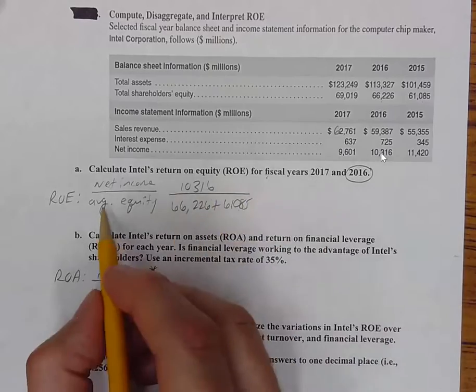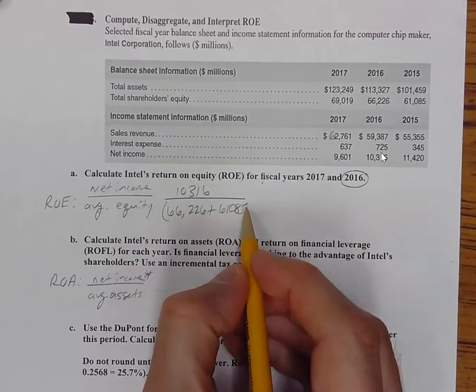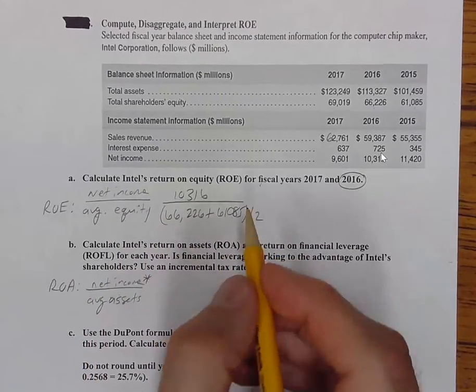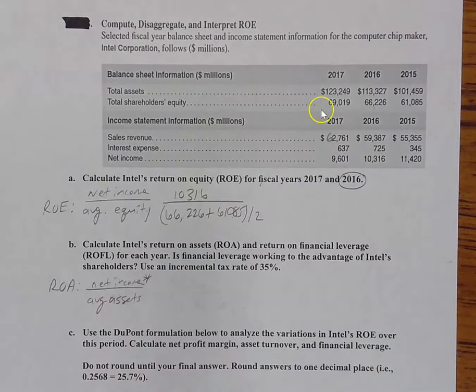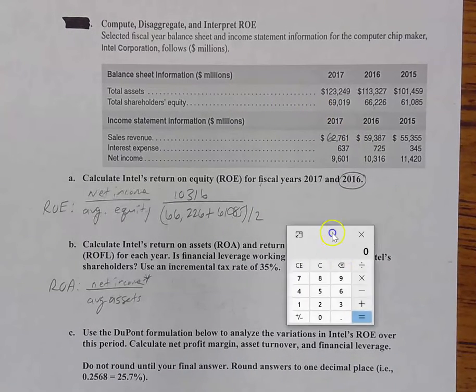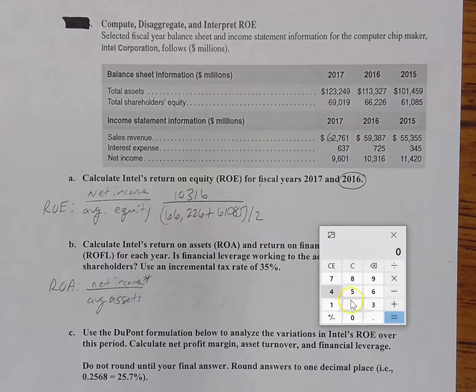Because we need average equity, we need to divide the sum of these two figures by 2. So we'll do that. 66,226 plus 61,085. Okay.